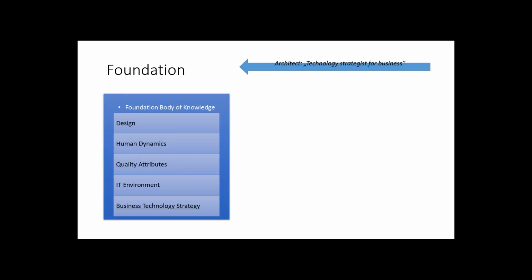That is why the framework ISA prescribes is more about the characteristics and behavioral aspects towards enabling IT systems for the business. So the core of the ISA framework talks about the behaviors towards design, human dynamics, quality attributes, IT environment, and last but not least, BTS, business technology strategy.